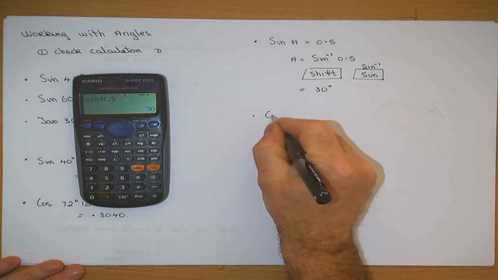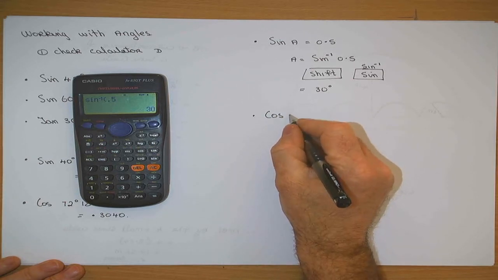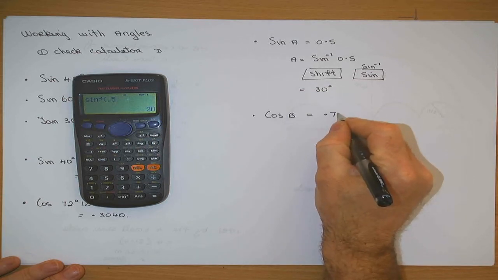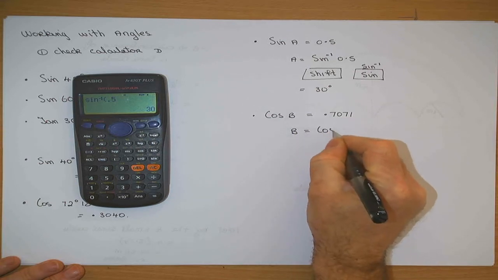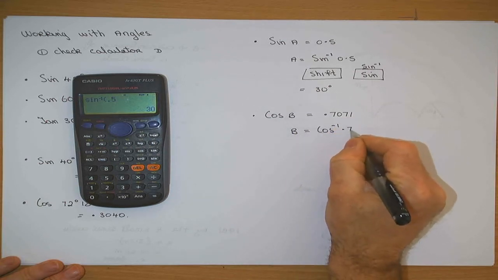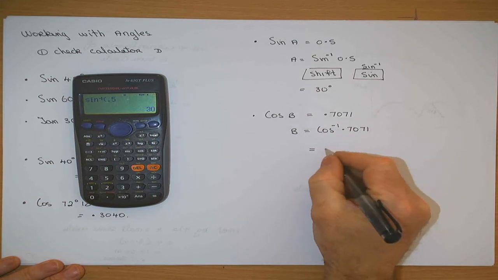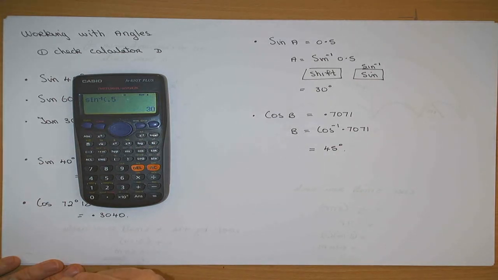If I said to you the cosine of some angle B is equal to 0.7071, you would say B is equal to the cosine inverse of 0.7071. And what does that give you? 45 degrees.